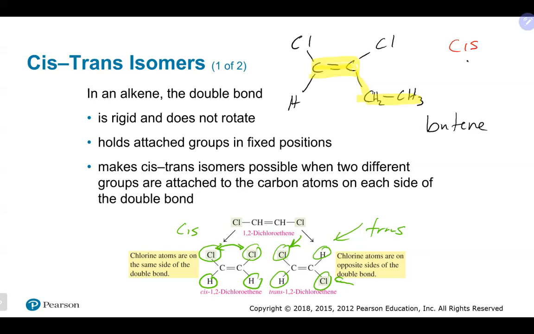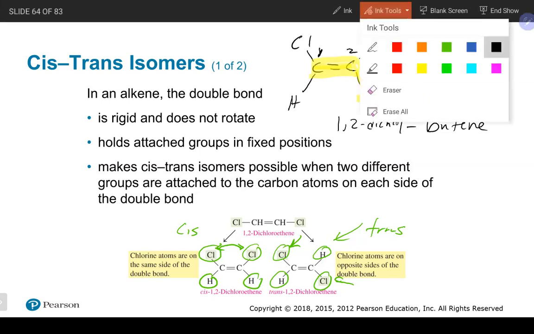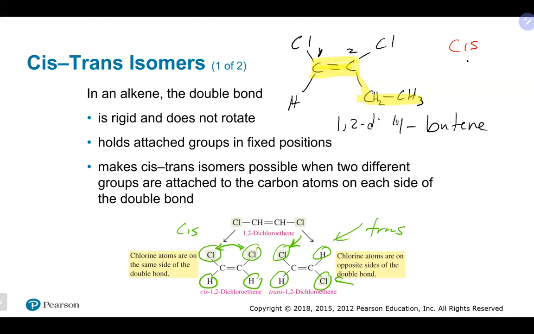We would also still need to do the same numbering, which means this would be carbon 1, and this would be 1-butene. And this would be 1,2-dichlorobutene. I run out of room as I try to squeeze that in, so we'll start back a little further.